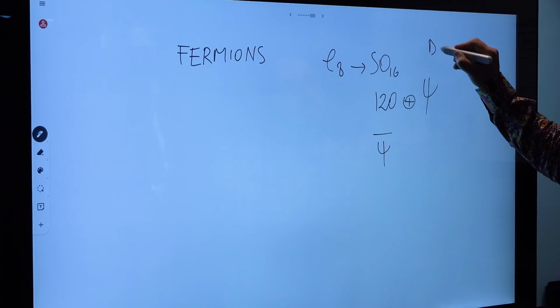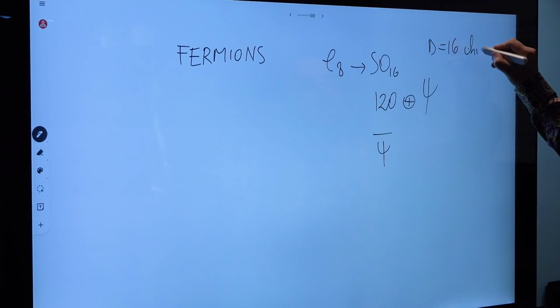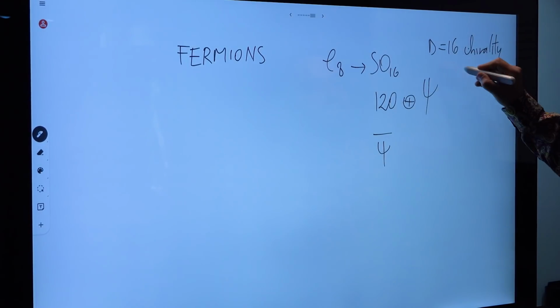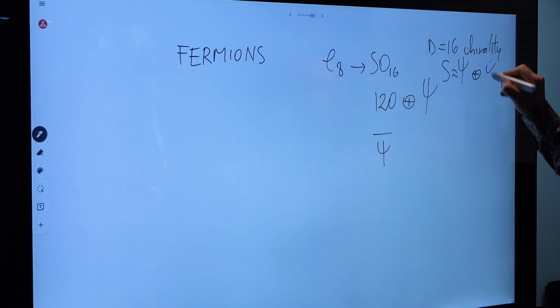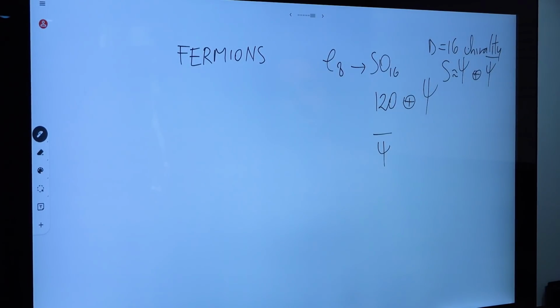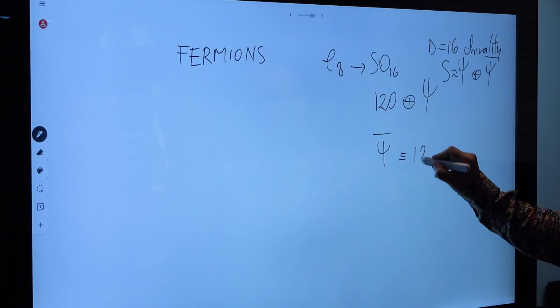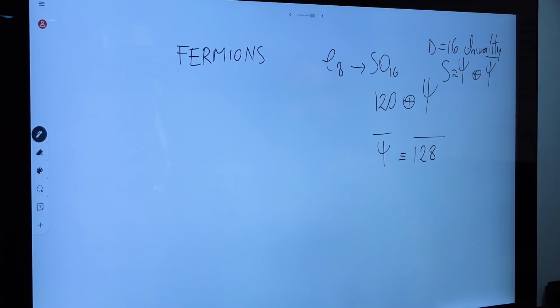Remember that in 16 dimensions there is a chirality for the spinor bundle, so the spinor bundle decomposes as psi plus psi bar, and then psi bar, of course, will be 128 bar.